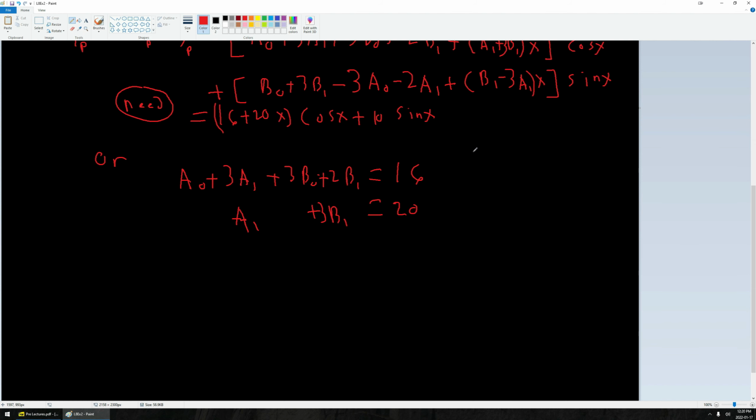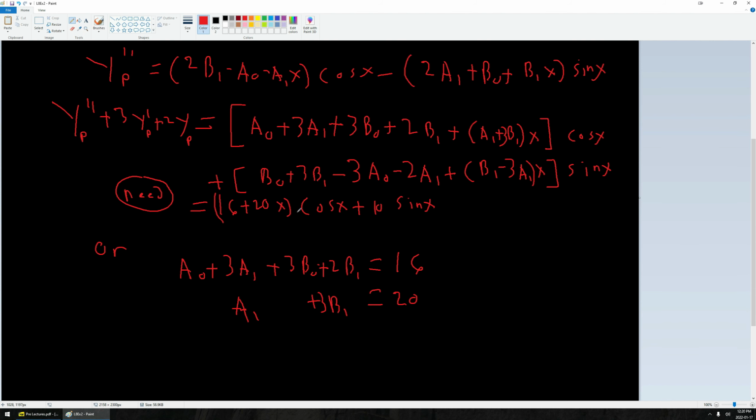Okay, so going forward from here, the next equation would be setting this 10 equal to the coefficients here. So here I would get equals 10, and setting the sine coefficients would simply give me, here I'd have a b0. Here I'd have a plus 3b1. Here I'd have a minus 3a0.